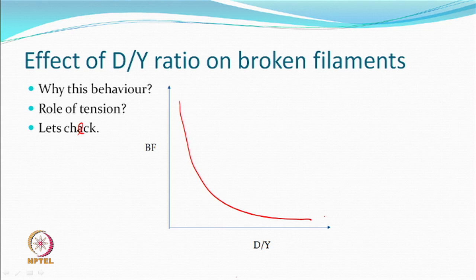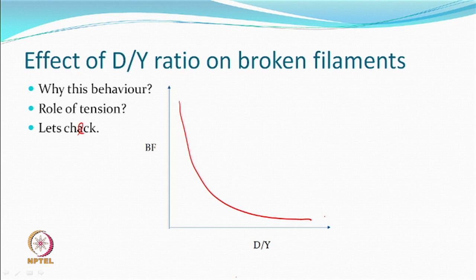Why are the broken filaments found to be less as we increase the d by y? What do you think? So, we just went and tried to understand what is happening to T1 and T2. Does it correlate in some manner?